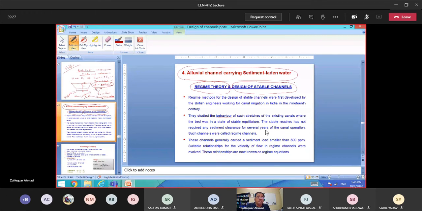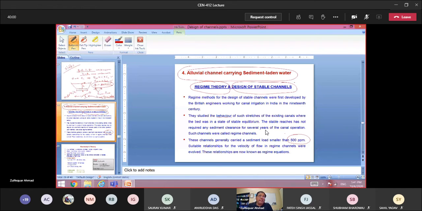Okay, in particular for the canals which are having a sediment load of the order of 500 ppm. I mean, in all the experimentation carried out by Kennedy, Lindley, or Lacey, in those canals the sediment load was of the order of 500 ppm, 500 milligram per liter. Okay. One thing you will note down.